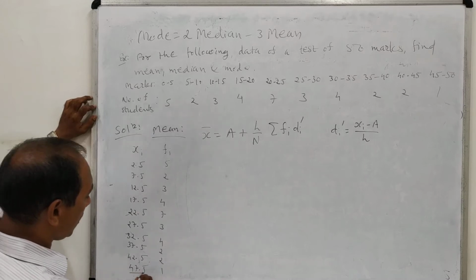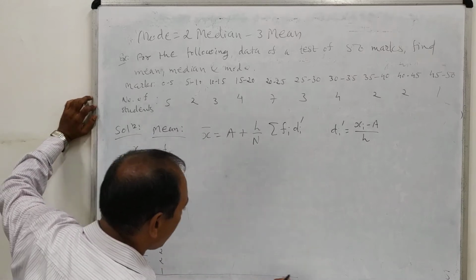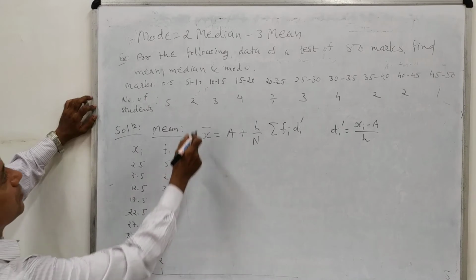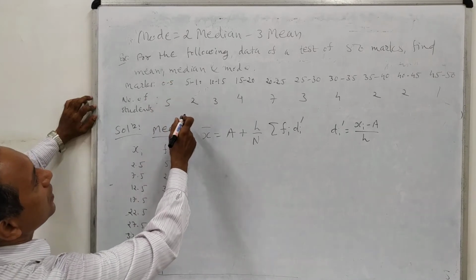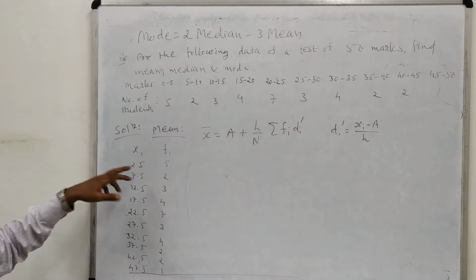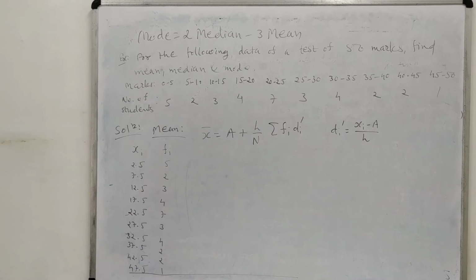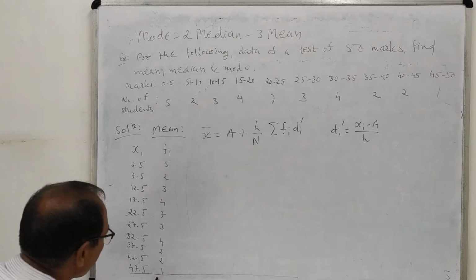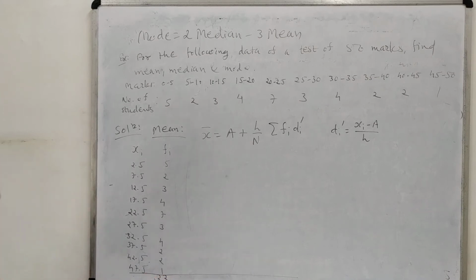Now we draw the line to find the total frequency: 5 plus 2 plus 3 plus so on, so this is 33, that means the total number of students is 33.